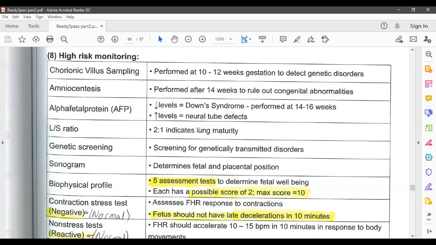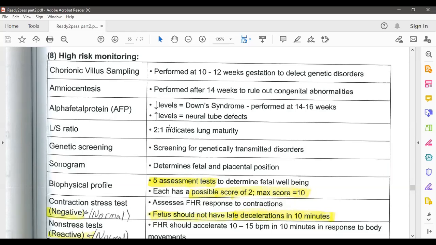A 2:1 ratio indicates lung maturity. So a 2:1 ratio indicates the fetal lungs are working well. If the ratio is not like this, it indicates the lungs are not mature, so the baby is not able to start respiration. They need special care.